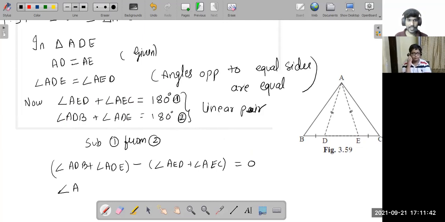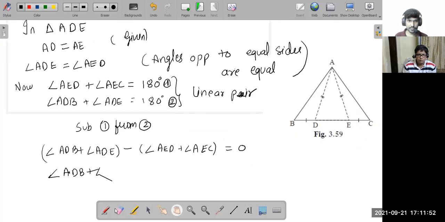Open up the bracket. So angle ADB plus angle ADE minus angle AED minus angle AEC is equal to 0.